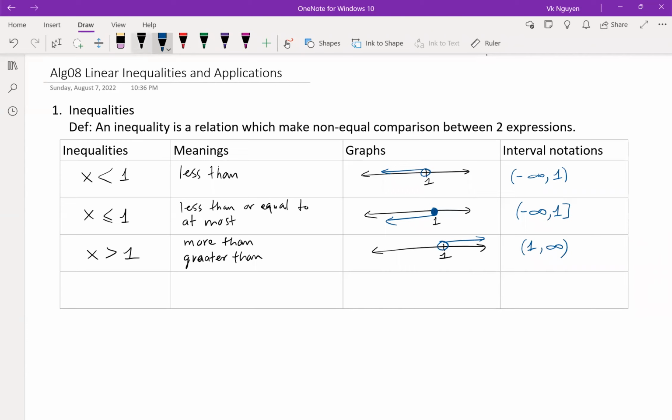Last inequality, x greater than or equal to 1, greater than or equal to. It can also mean at least.